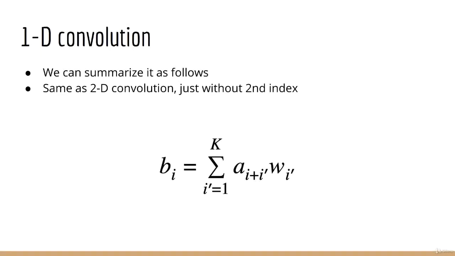So in general, we can write one-dimensional convolution as the sum from I prime equals 1 up to k of A at I plus I prime times W of I prime. You'll notice that this is the same equation we had for two-dimensional convolution, just with the second index dropped.